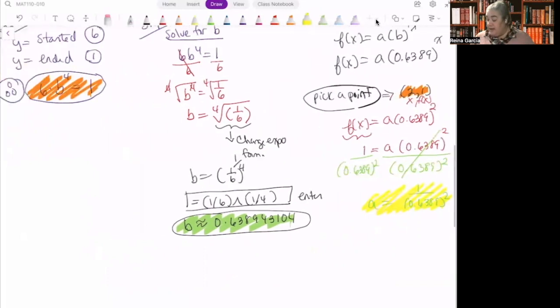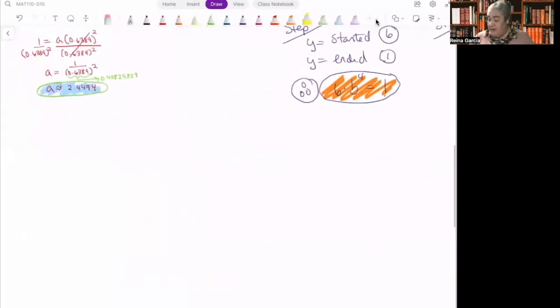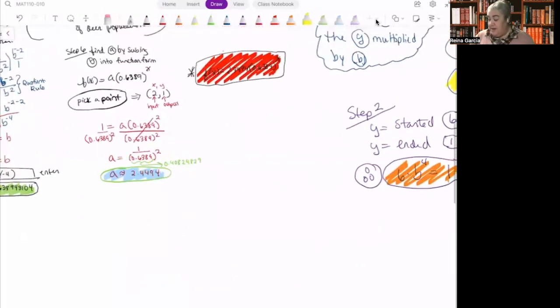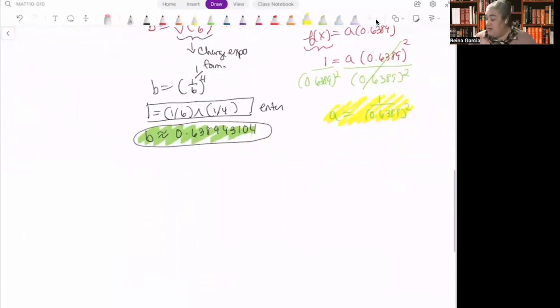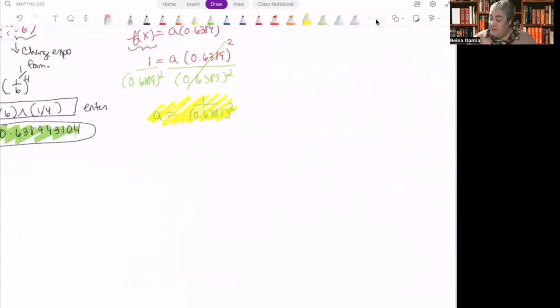If you go back and look at step 6 on our previous method, look at that. We came to the exact same conclusion there. So again, you can put this into Excel or a calculator, and it's going to tell you that a is approximately 2.4495.